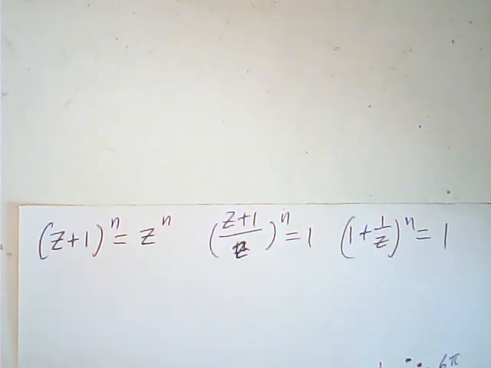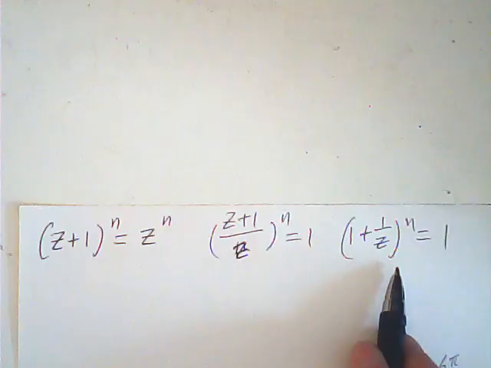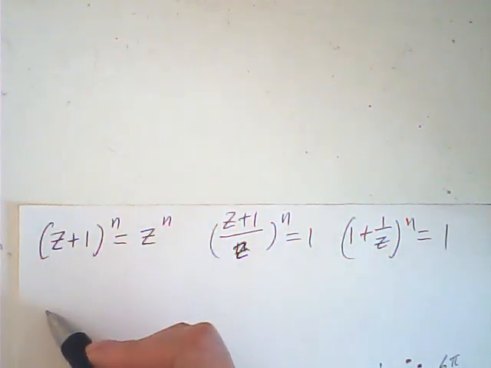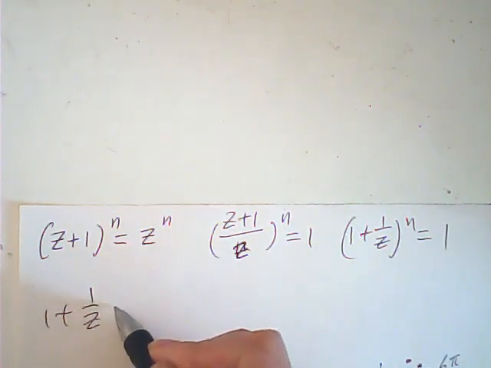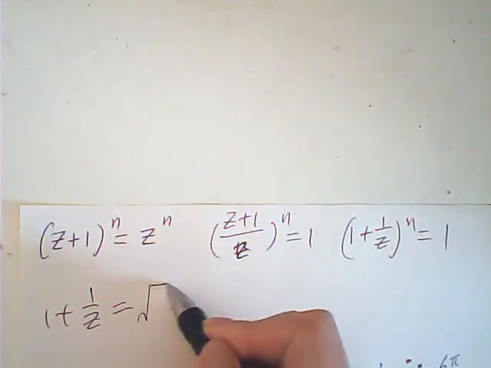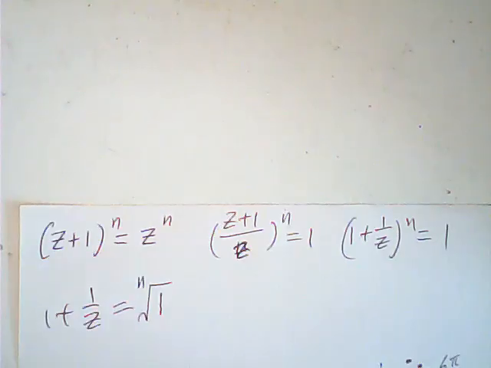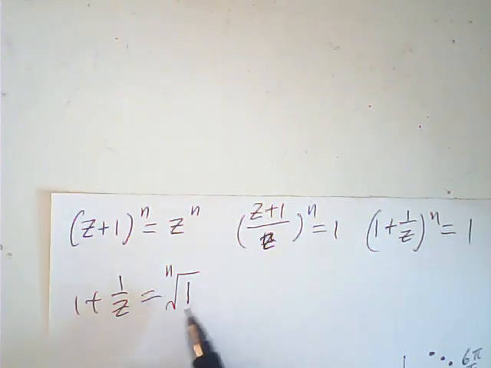And then 1 + 1/z is an nth root of 1. So the nth root of a unit.